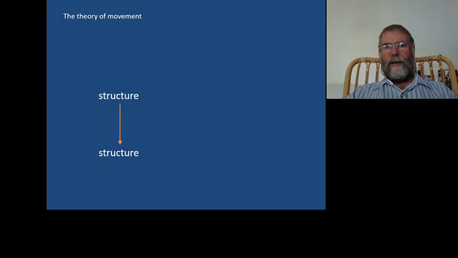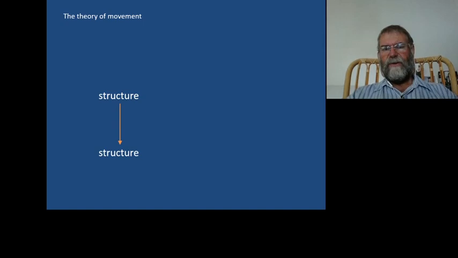Before we go on any further, it's worthwhile at this stage taking a step back and looking at some more general consequences of the analysis that we're proposing here. In particular, the fact that we're using this notion of a movement. Now, what that means is that for every sentence, there are two ways of describing its structure.